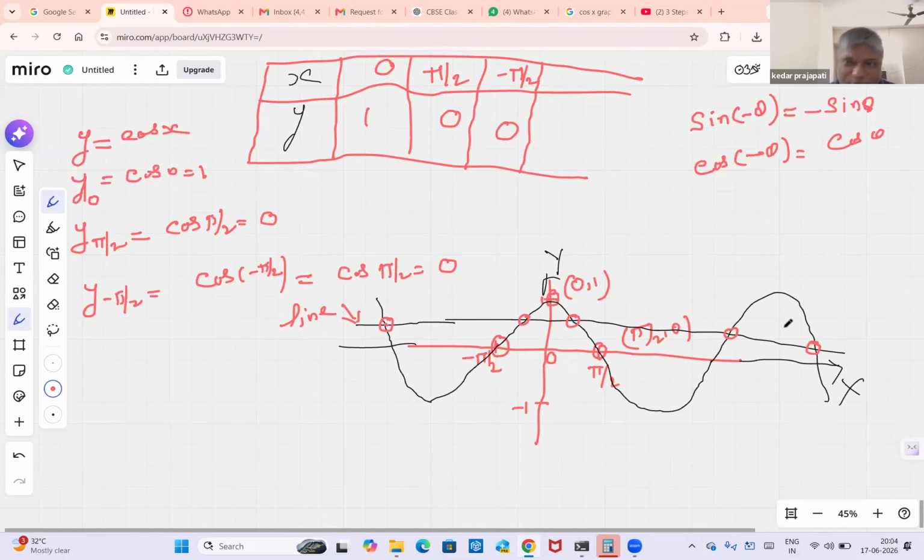So the entire graph is not a function. I need to select the portion from where to where it is a function. So what do we have to do?